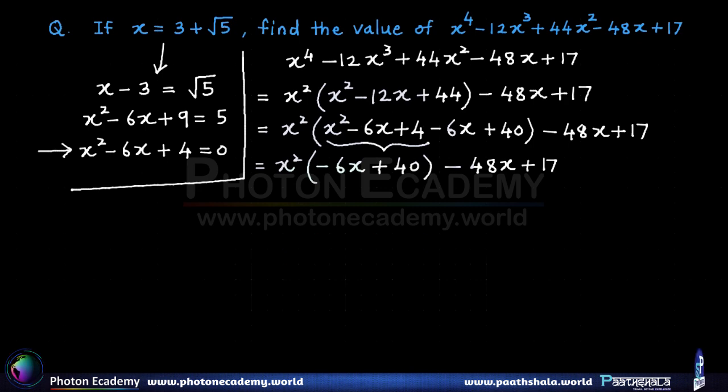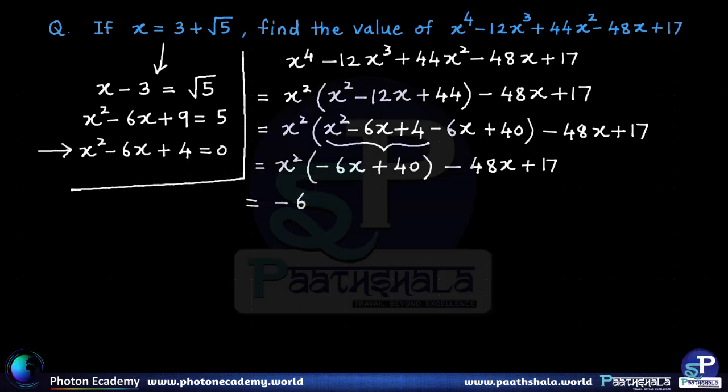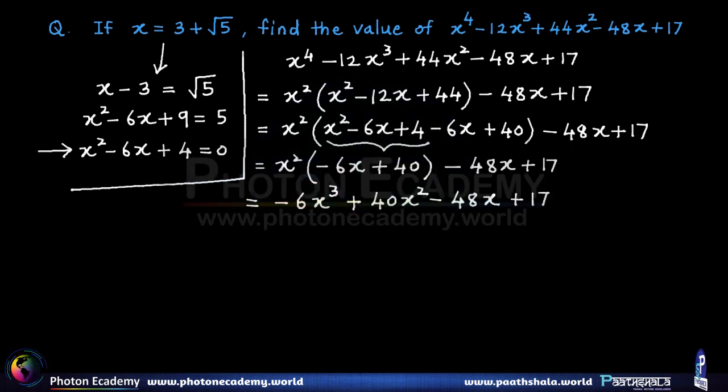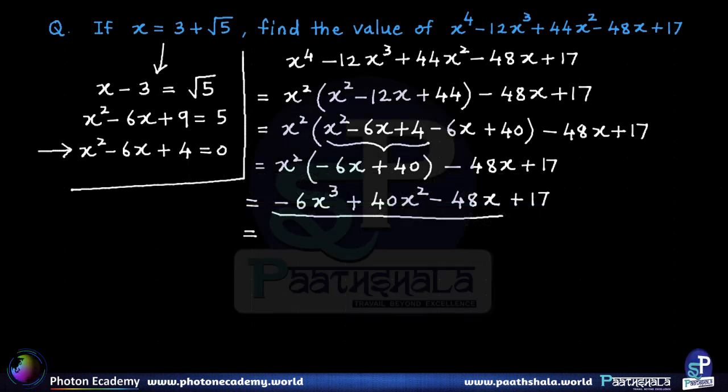So on expanding that, we get minus 6x cubed plus 40x square minus 48x plus 70. Now here we observe that the maximum that we can take common from the first three terms is the factor of 3, or if you want to adjust the sign, then we can take minus 3 as the biggest common factor.